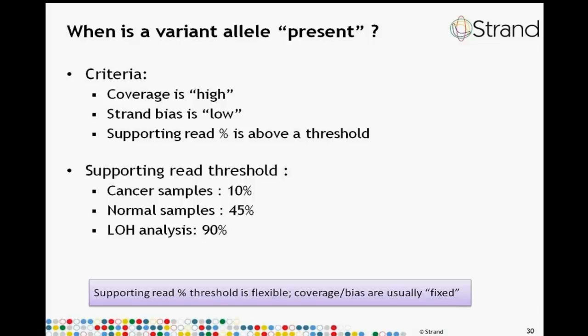Any location which has coverage more than 40 or so can be considered reliable for SNP detection purposes, and as long as the strand bias is within control, say it is less than 20, it can be considered a fairly decent location. So what we are trying to emphasize in this slide is that coverage and strand bias are cutoffs that a user sets once, but the supporting read threshold is something that they would like to play around with and keep varying.